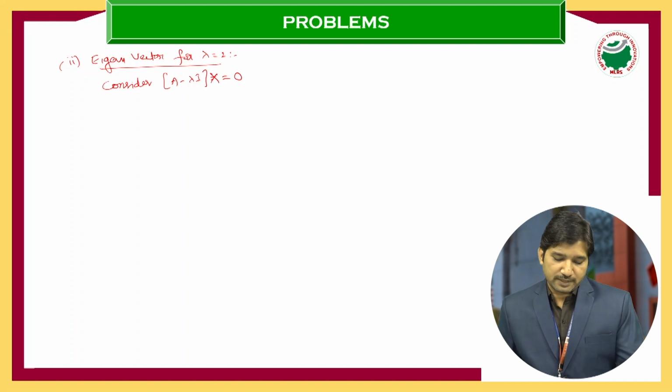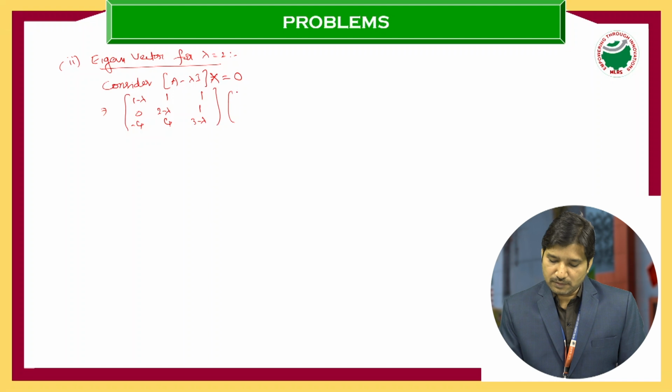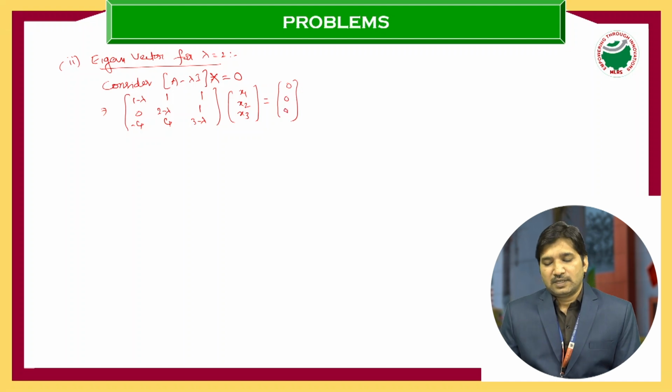The matrix is [1 minus lambda, 1, 1; 0, 2 minus lambda, 1; minus 4, 4, 3 minus lambda] times (x1, x2, x3) equal to (0, 0, 0). This is the matrix equation.